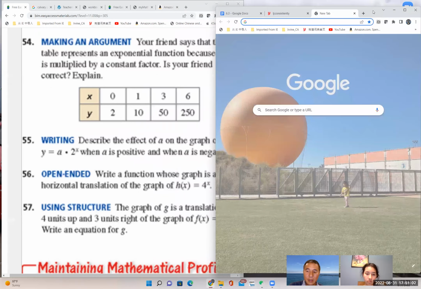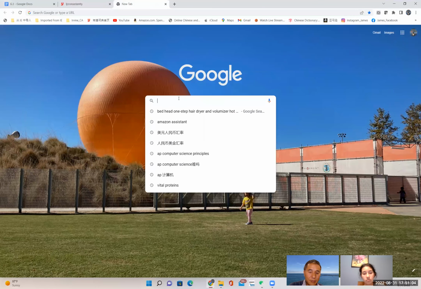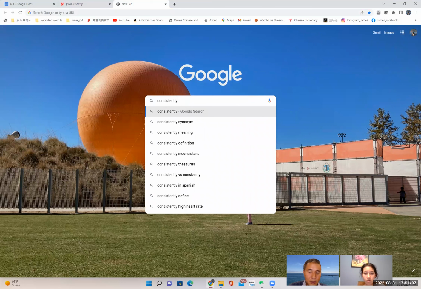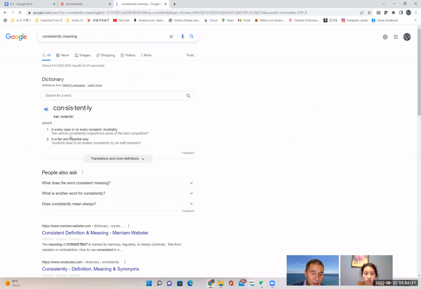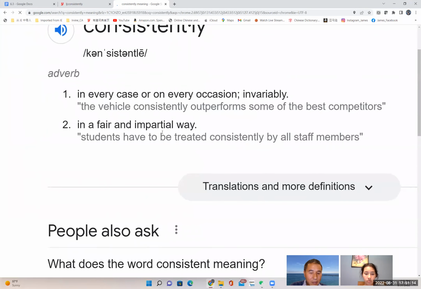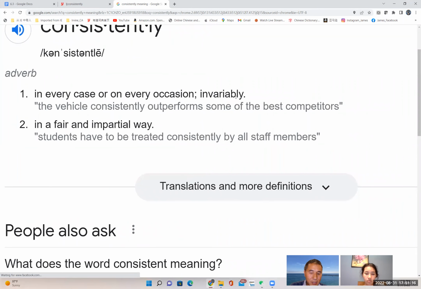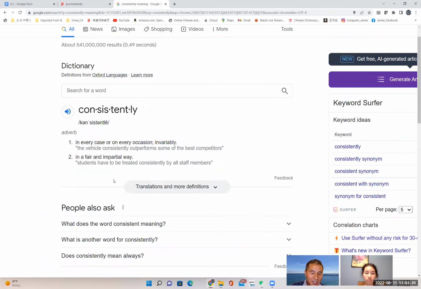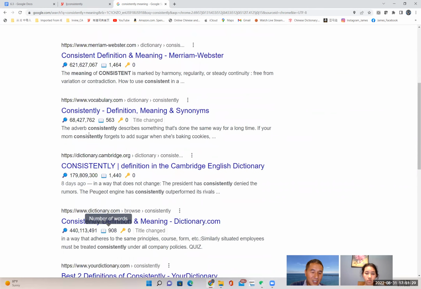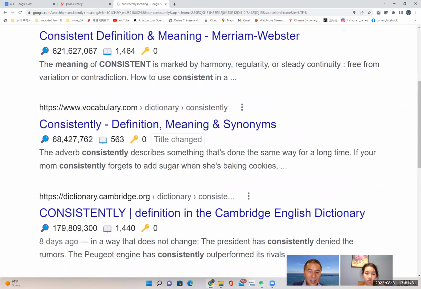Consistently means, by definition: in every case or on every occasion, invariably; in a fair and impartial way; marked by harmony, regularly or steadily, free from.